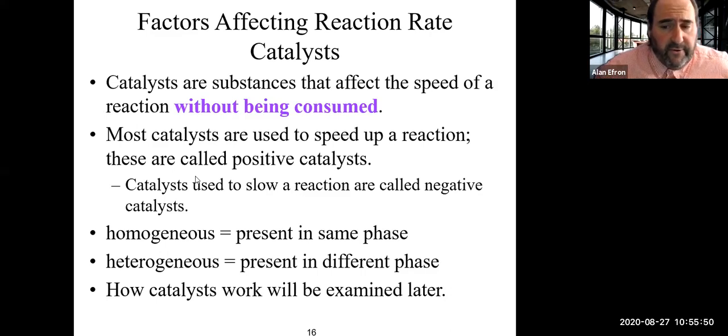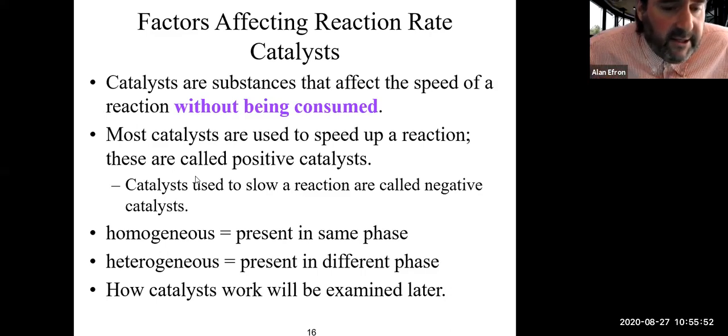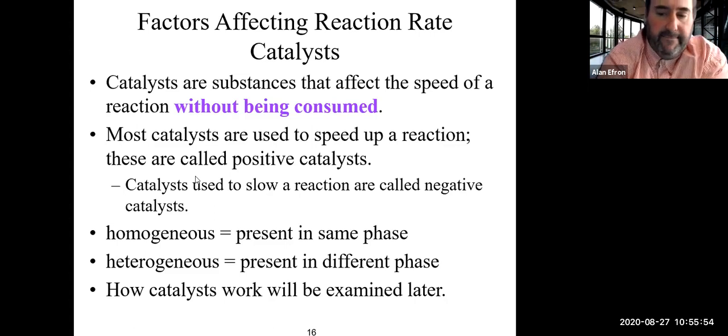Another major thing that can affect the rate of reaction is catalysts. Catalysts are substances that typically speed up a reaction. There are catalysts that slow down a reaction, but usually when people speak about a catalyst, they're talking about speeding up the reaction.